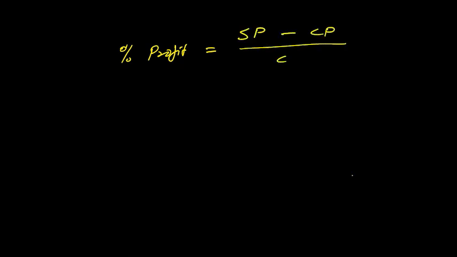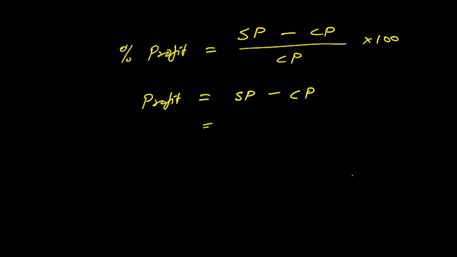The formula for percentage profit is selling price minus cost price, divided by cost price, into 100. Or profit is simply selling price minus cost price, ignoring overheads.